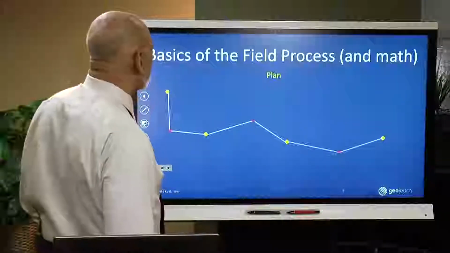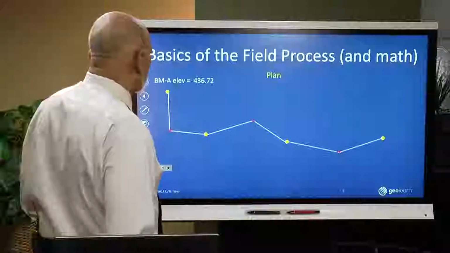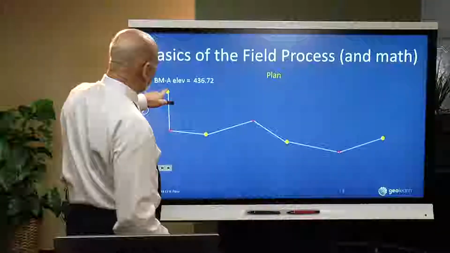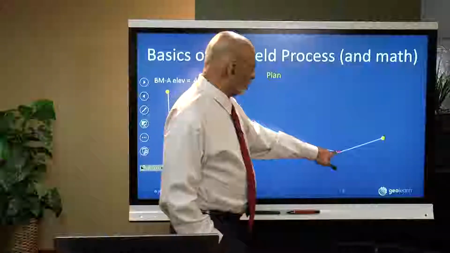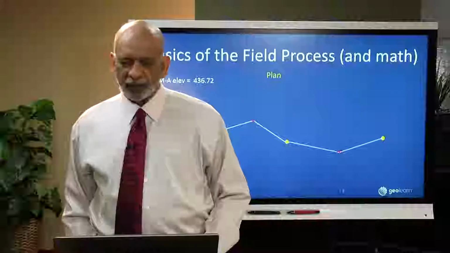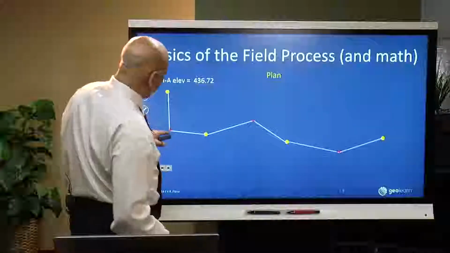So here's the same setup, but now it's the plan view. So we have, again, this is benchmark A. We set up the level here, so these things are supposed to represent the legs of the tripod, these things in red. And so the blue lines represent the line of sight.